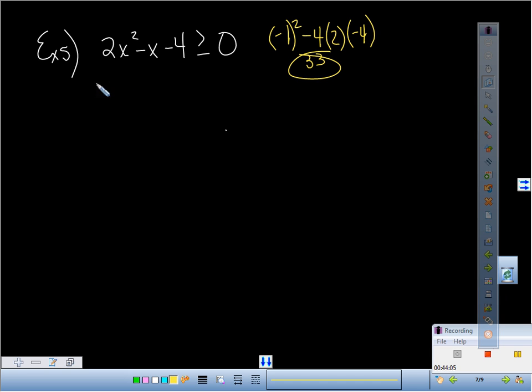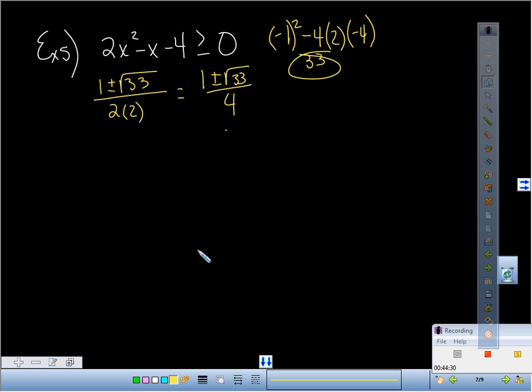What's that going to be? 1. The opposite of -1 is 1, plus or minus the square root of 33, all over 2 times 2. So 1 plus or minus the square root of 33 over 4. Can you do anything to that? No, you can't. That is it. So we found the x-intercepts.